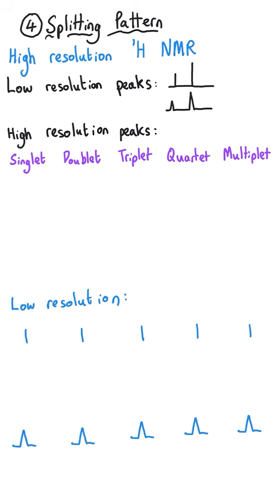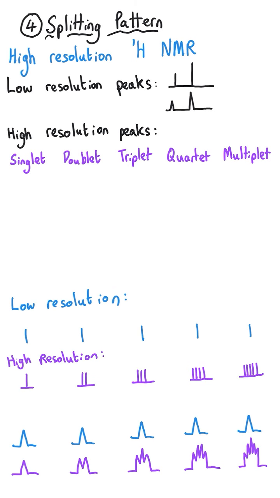And so if we take a low resolution image, which might look like the triangular peak, like so, if we zoom into a high resolution for each of these lines, they might end up looking different. And so we might see what's called a singlet, which is where we get a single line or a single spike.